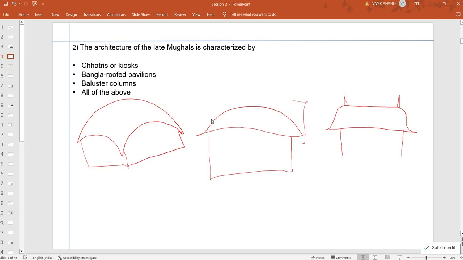Not sure about this. Is this looking similar to something? This one? So is this a Bangla roof, or is this one? Which one is the Bangla roof? First, second, or third?